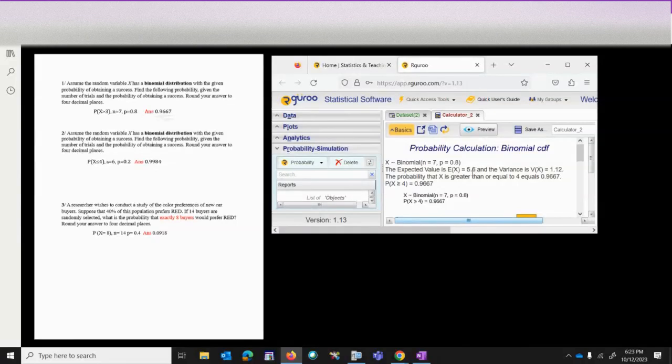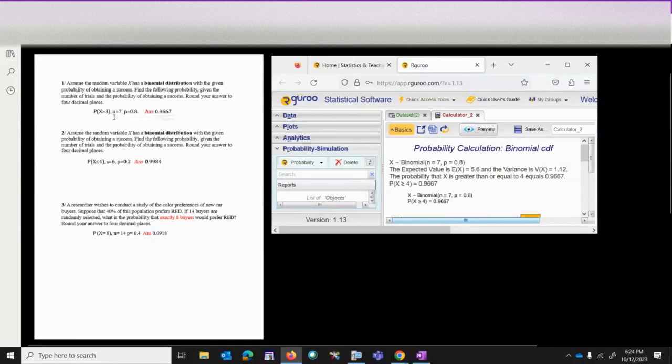If you want to know the expected value, you ask for the probability, but Rguroo will calculate many things for you. The variance is 1.12, and the probability that x is greater than or equal to 4 equals 0.9667. So x greater than or equal to 4 is the same as greater than 3.